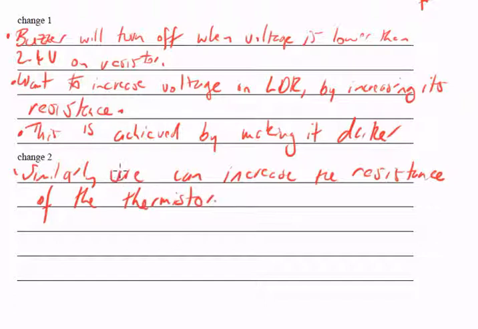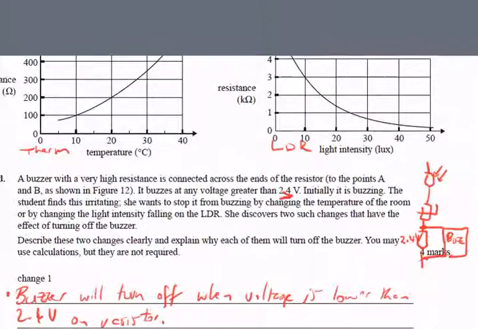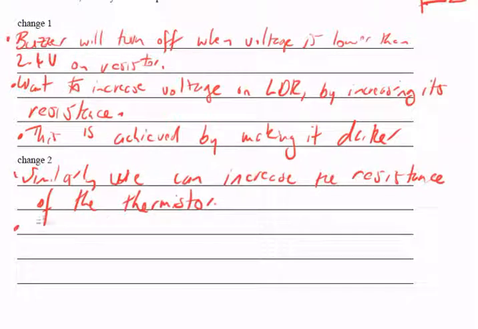And how do we increase the resistance of the thermistor so it gets more of the voltage? Here it is on the graph: resistance goes up when the temperature is increased. This can be achieved by increasing the temperature.